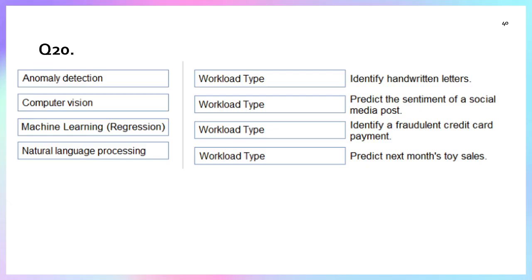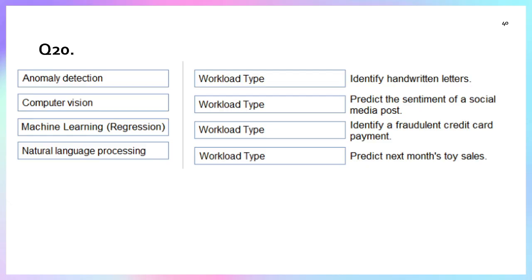These are the workload types, and their details are given, like identify handwritten letters. Which one does identifying handwritten letters belong to: anomaly detection, computer vision, machine learning, or natural language processing? In the same way, we need to identify which of the four belongs to which one. The first one is identify handwritten letters, which we will come back to after some time.